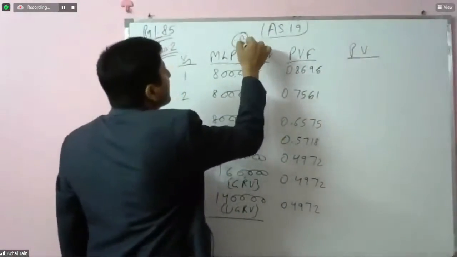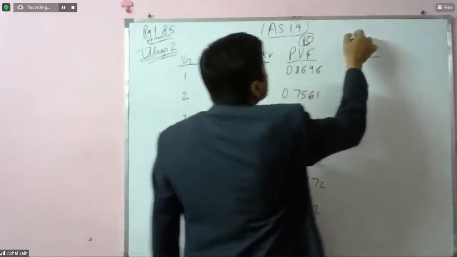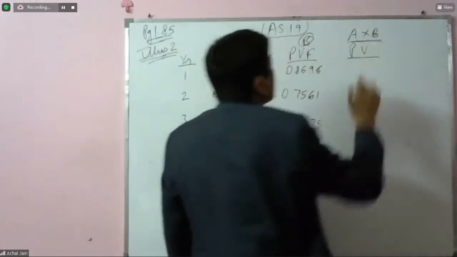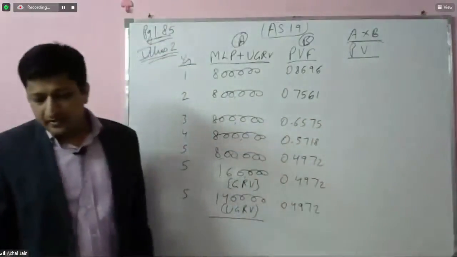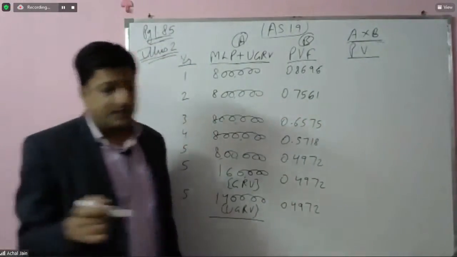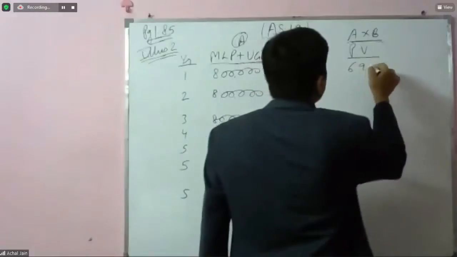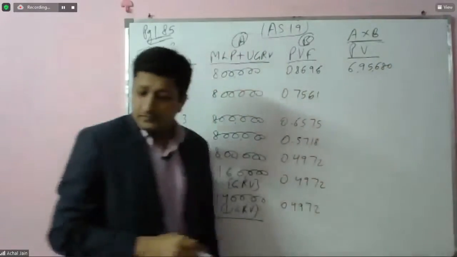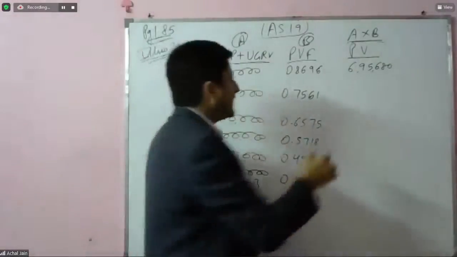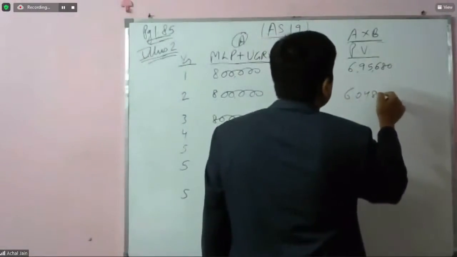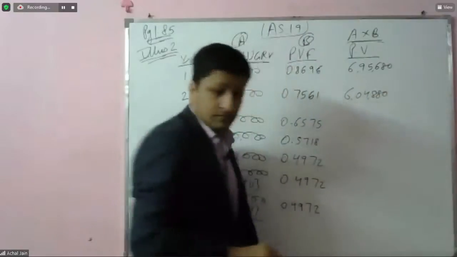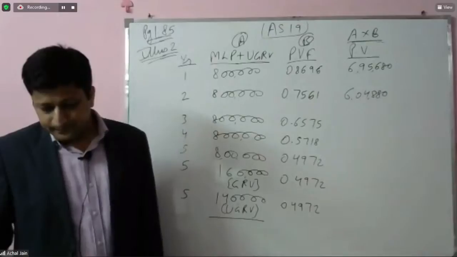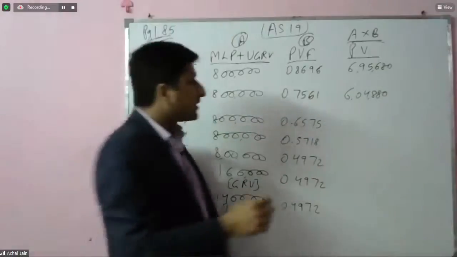A into B. A into B. Right? So what do we get? 6,95,063. Then we have 6,04,880. Shimli has also solved this. Then we have 5,56,000.